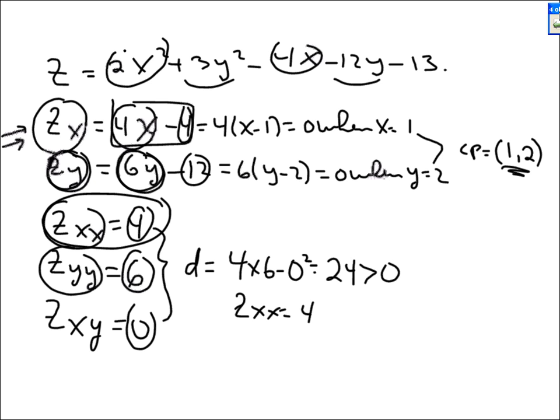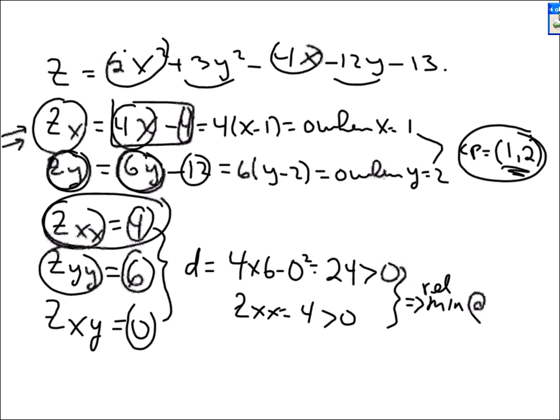It's 4, which is bigger than 0. This implies that we have a relative min at our critical point. Sometimes you might get more than one critical point. Test one by one. Do the d-test for the first critical point, get your answer, then do the d-test for the next critical point.